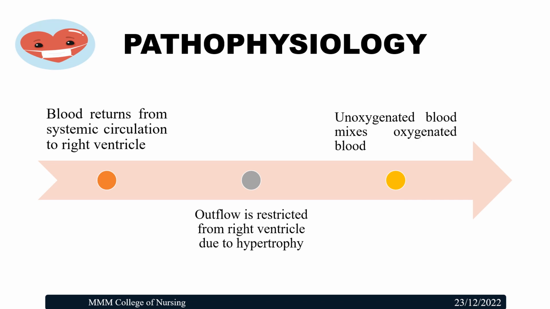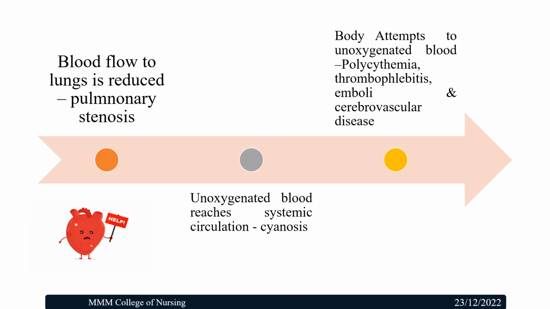Next, the blood flow to the lungs is reduced because you have pulmonary stenosis. So it is also one of the defects. Next, unoxygenated blood reaches the systemic circulation, which causes cyanosis in the baby.